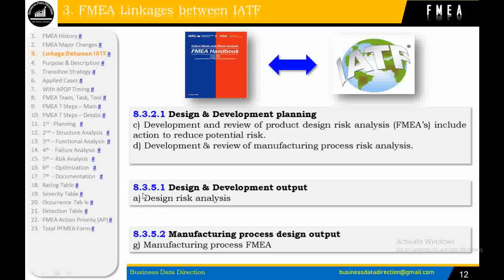In clause number 8.3.5.1, design and development output, in A it is written as design risk analysis, and in 8.3.5.2, manufacturing process design output, in G it is written as manufacturing process FMEA. Thus this FMEA is linked to IATF.